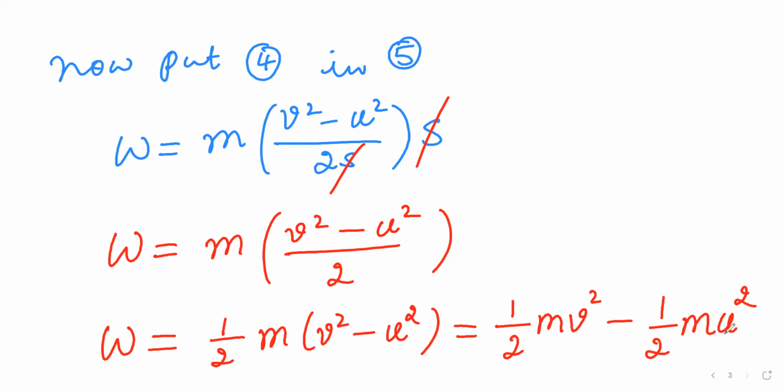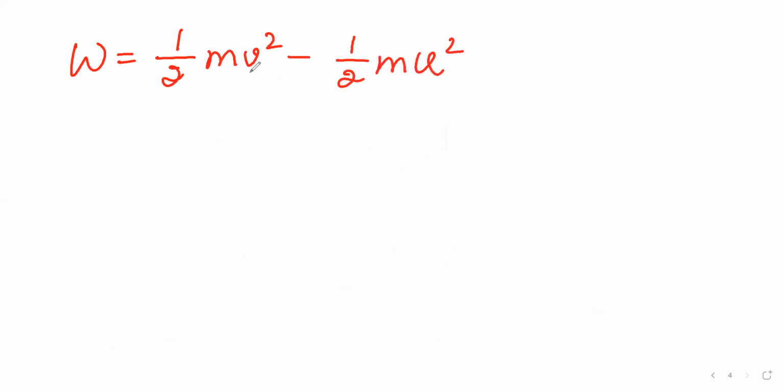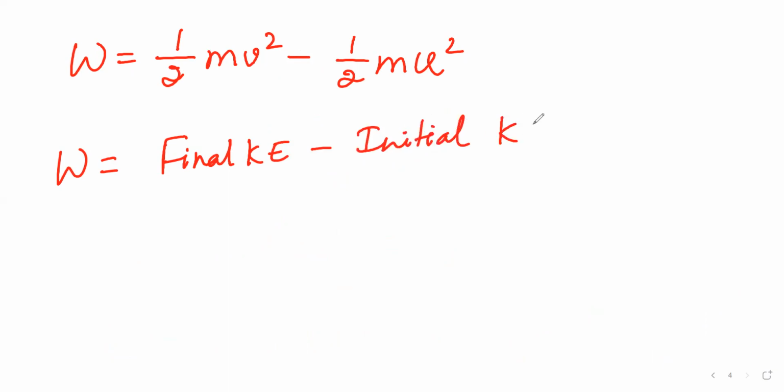V is the final velocity and u is the initial velocity. So I can finally write W equals half mv square minus half mu square. Half mv square is the kinetic energy. Then I can say that the final kinetic energy minus initial kinetic energy, right? So work can be defined as change in the kinetic energy.